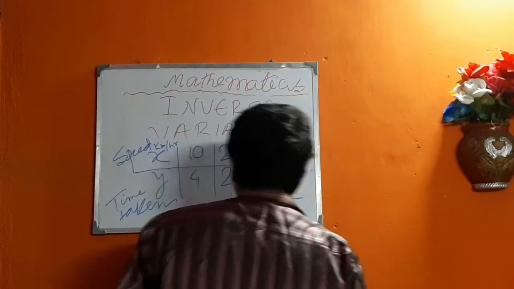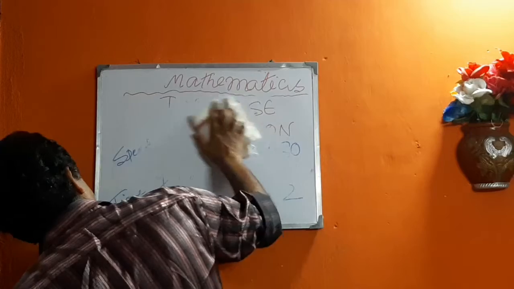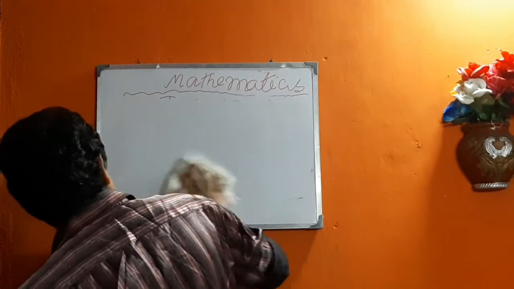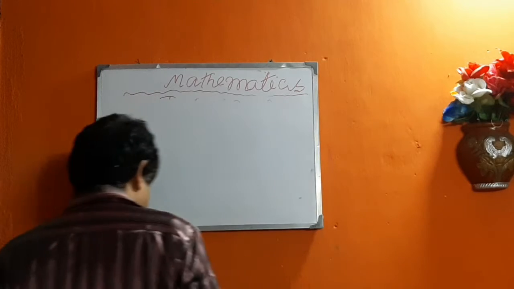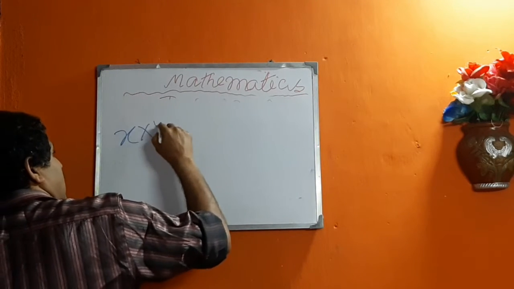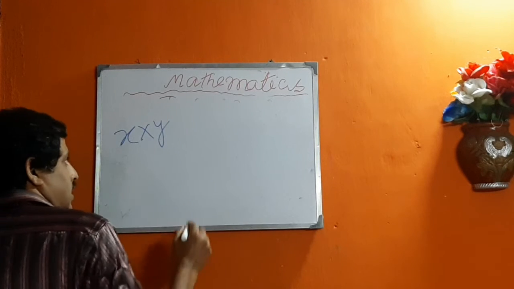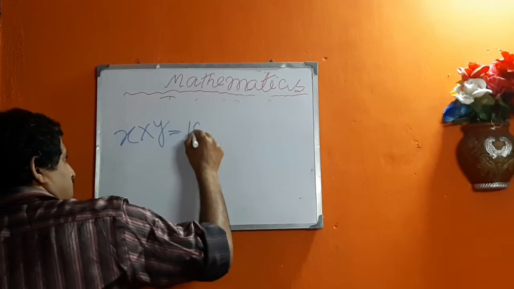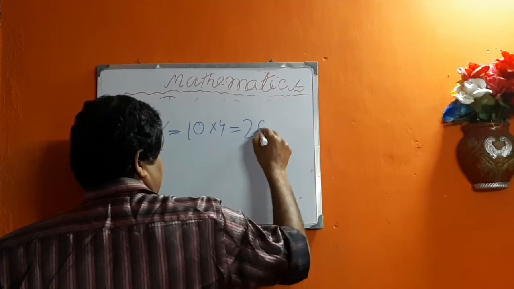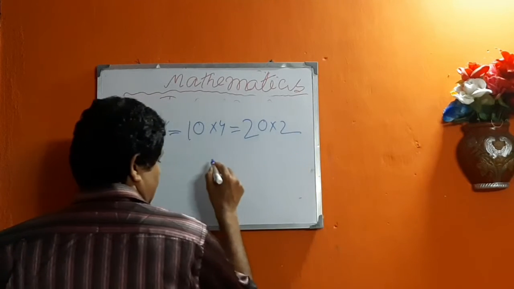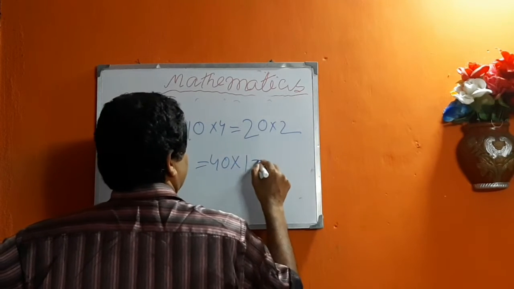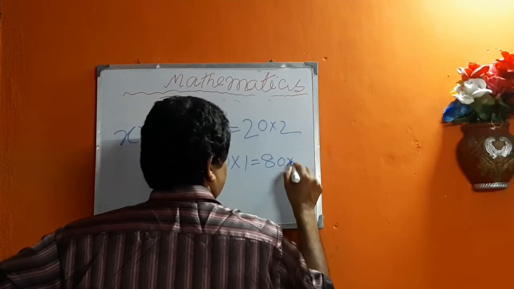Mathematically, if we represent two quantities, x and y, I get: quantity x, that is speed, multiplied by quantity y, that is time taken, gives 10 into 4, or 20 into 2, or 40 into 1 hour, or 80 into half an hour.